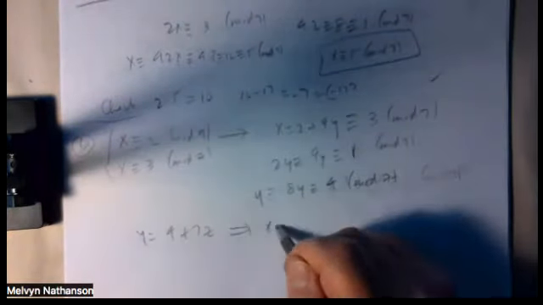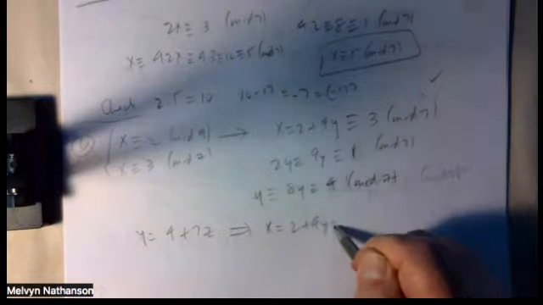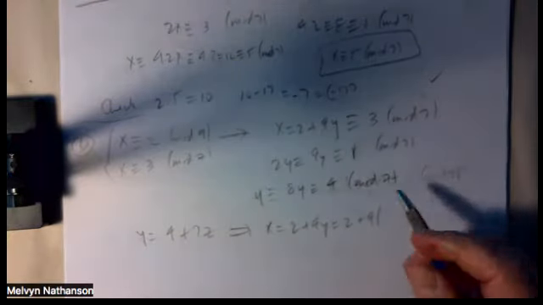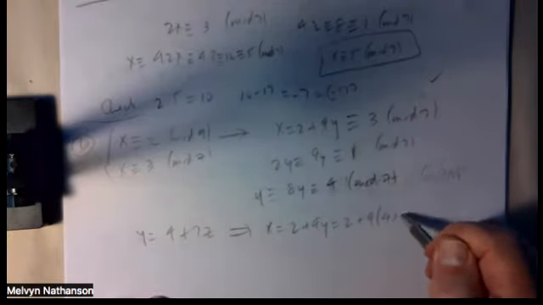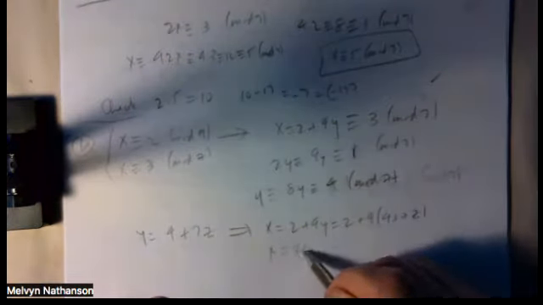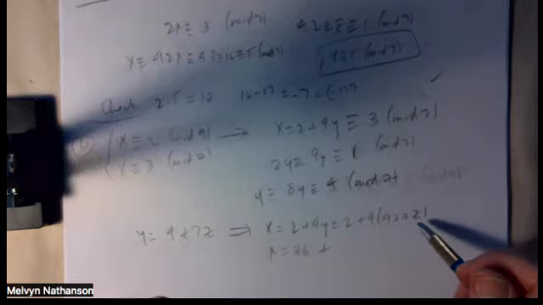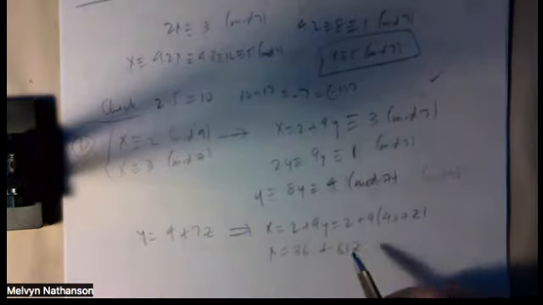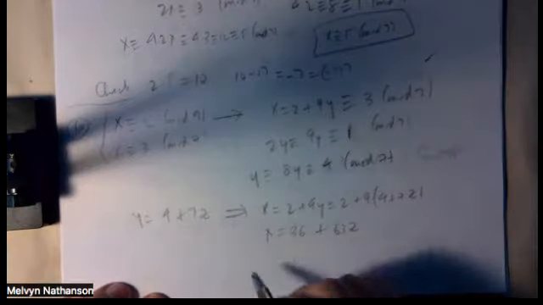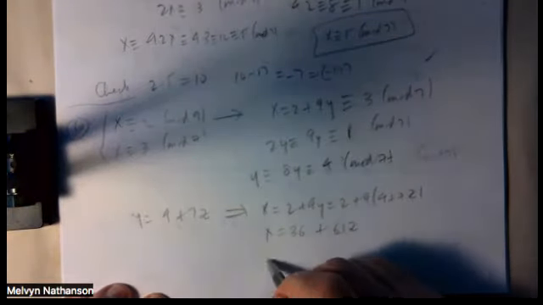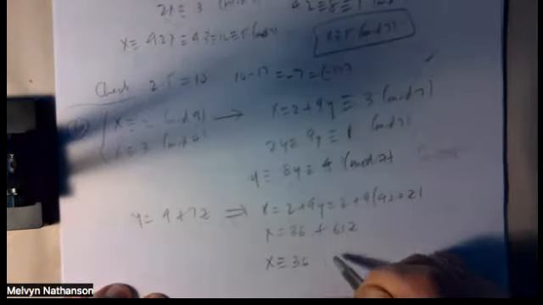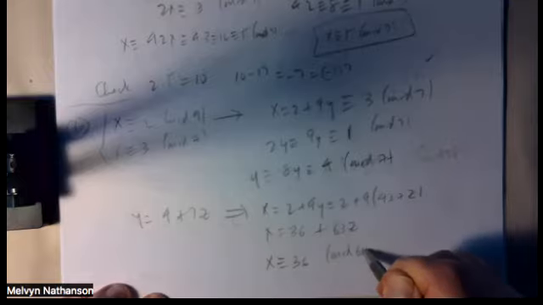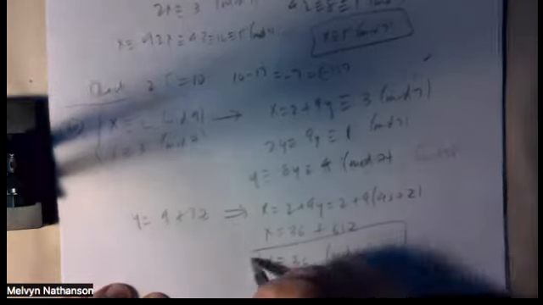So x, which is 2 plus 9y, is 2 plus 9 times 4 plus 7z. This is 36. So x is 36 plus 9 times 7 is 63, so 63z. So x is every integer of this form, or in other words, the solutions are all x congruent to 36 mod 63.